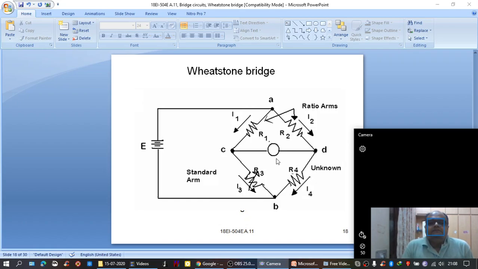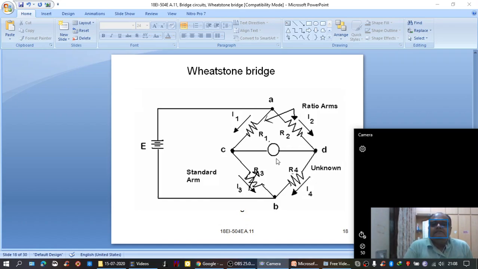Resistance R1, R2, R3, R4 are used, and the unknown resistance is placed in the arm BD. Instead of R4, it can be Rx, the unknown resistance.